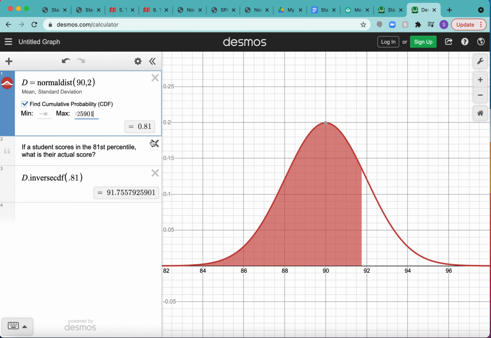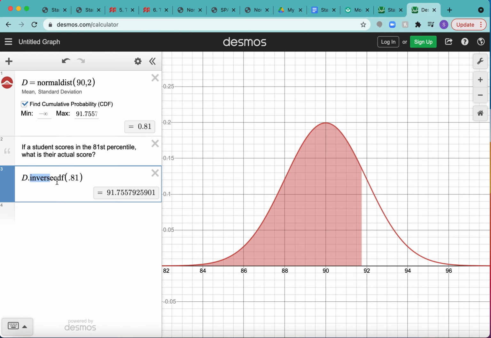All right, so it's this idea of an inverse CDF. It's the one that's taking the percentile and giving us the value along the axis, as opposed to what we did before, where we had the value along the axis and figured out the area underneath it.